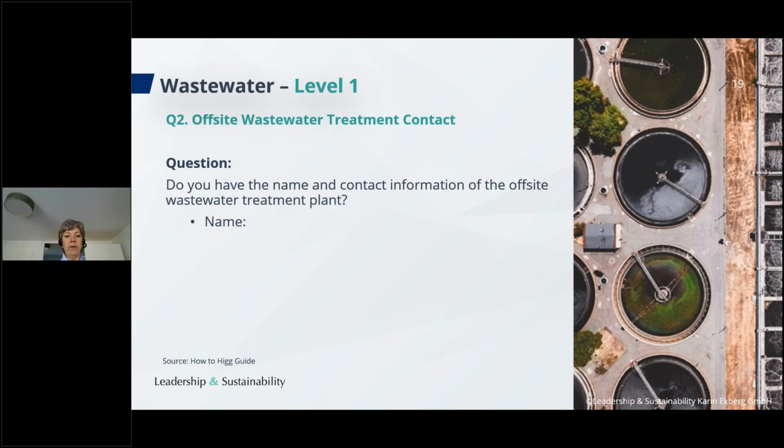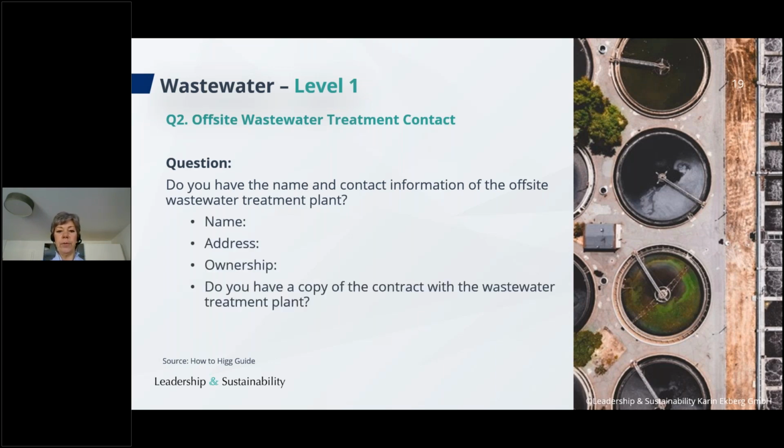And so you should have the name, address, ownership, and you should also have a copy of the contract with the wastewater treatment plant, if available. Sometimes you have a direct contract with them if they are treating your wastewater. Sometimes it may also be part of your permit or part of the local infrastructure, so there may not always be a direct contract.